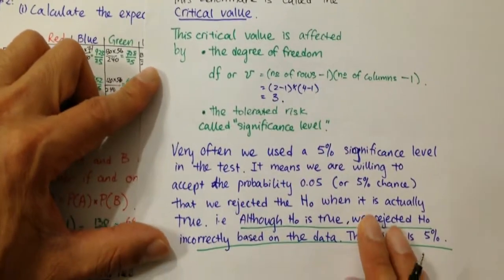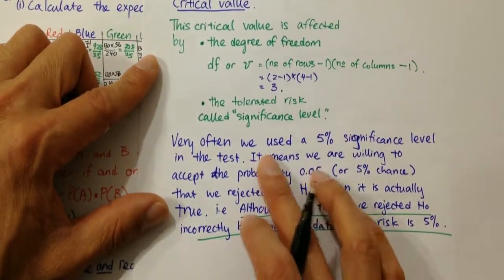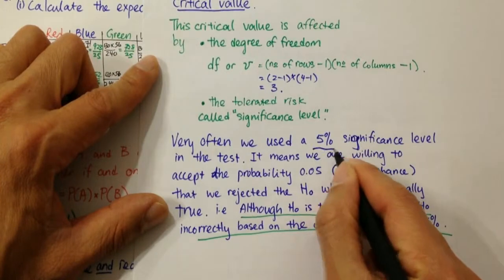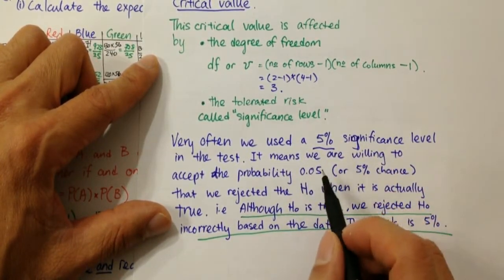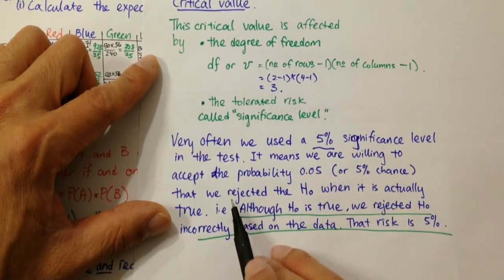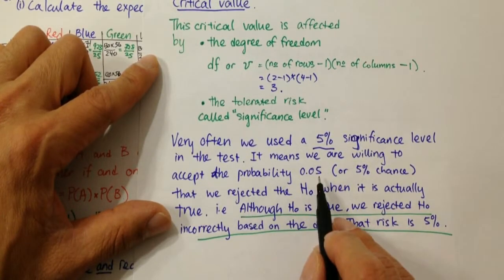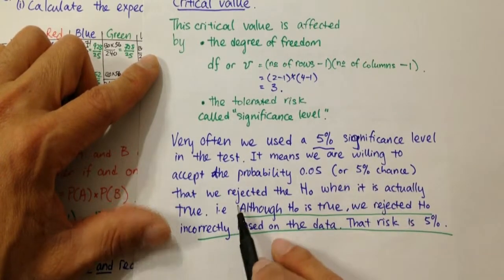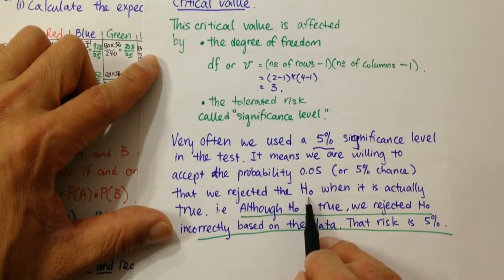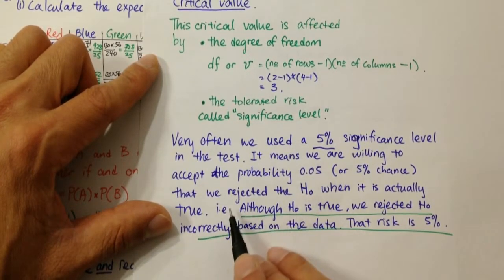For example, very often you hear that we use a 5% significance level in the test. What it means is that we are willing to accept the probability 0.05, or colloquially 5% chance, that we reject the null hypothesis of independence when it is actually true.